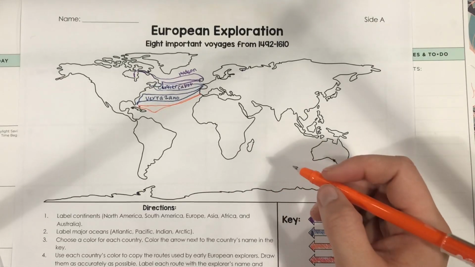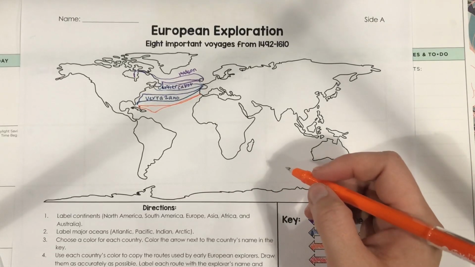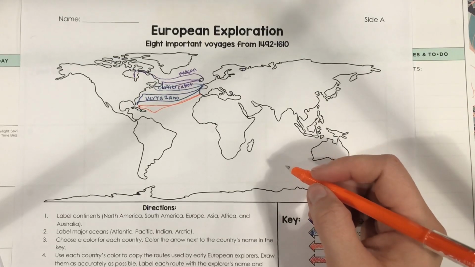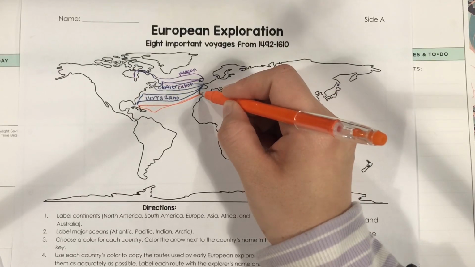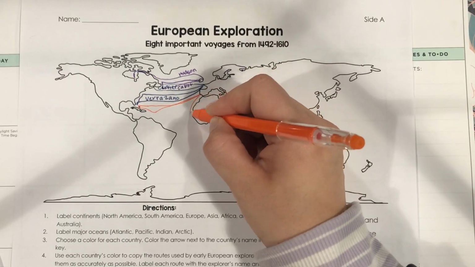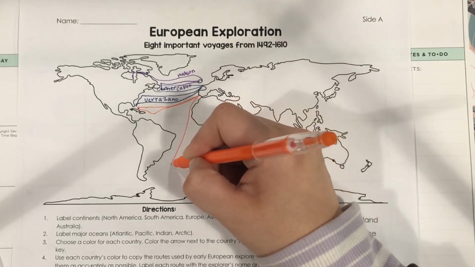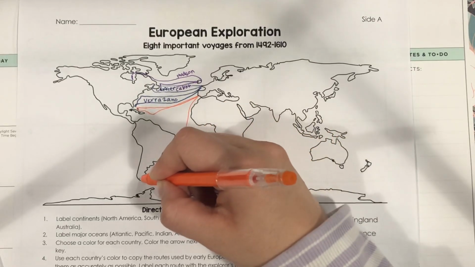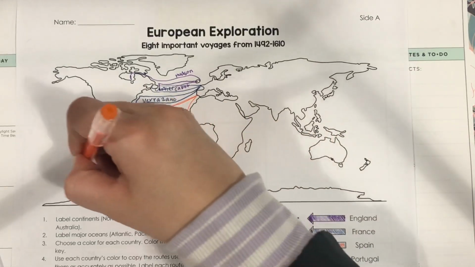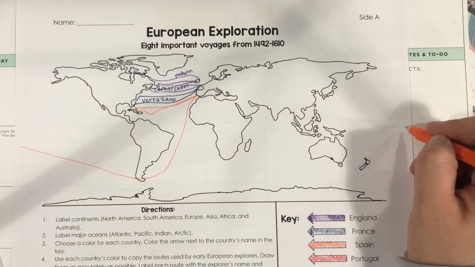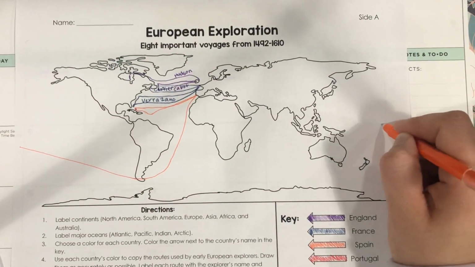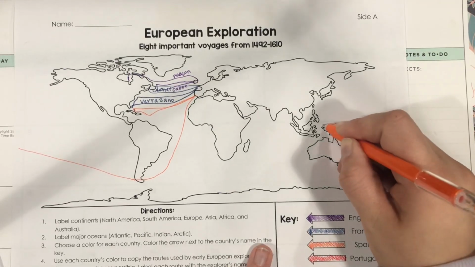Okay, and then the next person we're going to do from Spain is Magellan. And he actually traveled all around the world, okay? So we're going to do his. He went all the way down here to the bottom of Africa, across over the tip of it, and he went around. So we're going to draw it like that, and then we're going to draw it starting over here, and he's going to come through here.